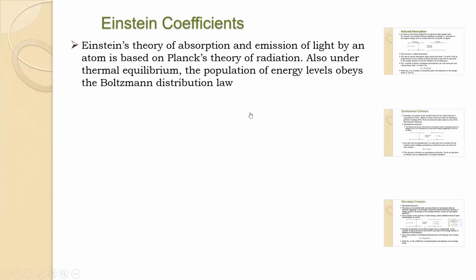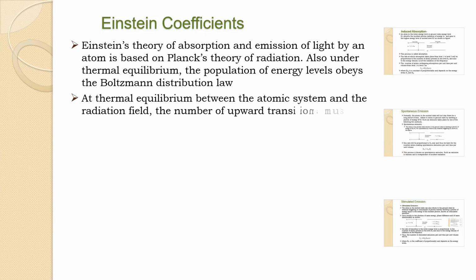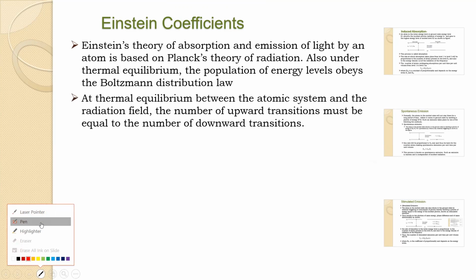Now, at thermal equilibrium between the atomic system and the radiation field, the number of upward transitions must be equal to the number of downward transitions. Here we are taking a two-level atomic system.